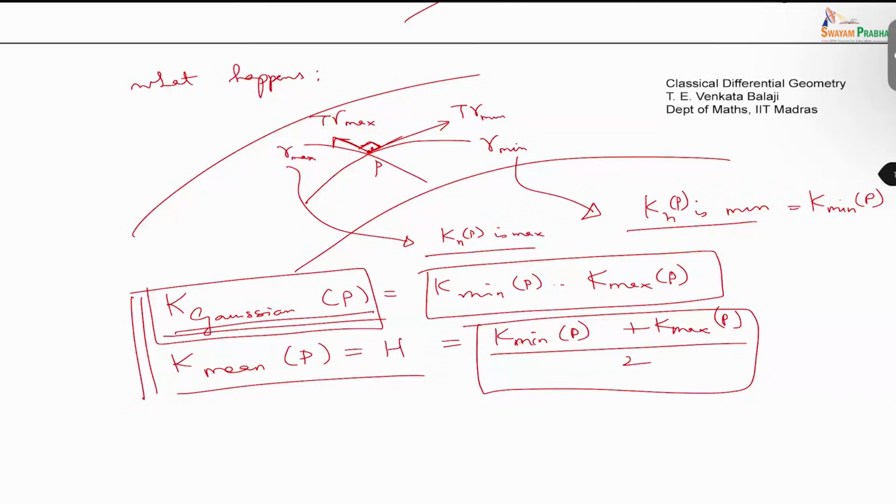So what do you mean by total curvature? The Gaussian curvature is a real-valued function, and it can take positive or negative values.